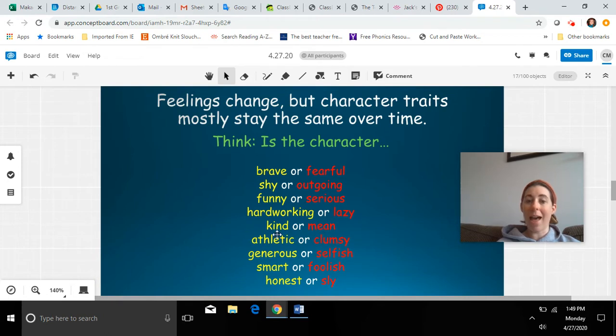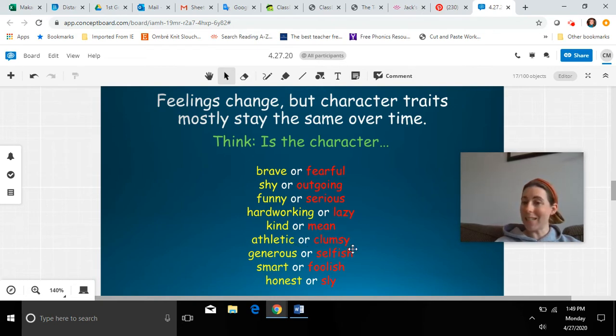Is the character athletic or clumsy? Someone who is athletic is good at sports and games like soccer or basketball. Someone who is athletic might be fast or strong.